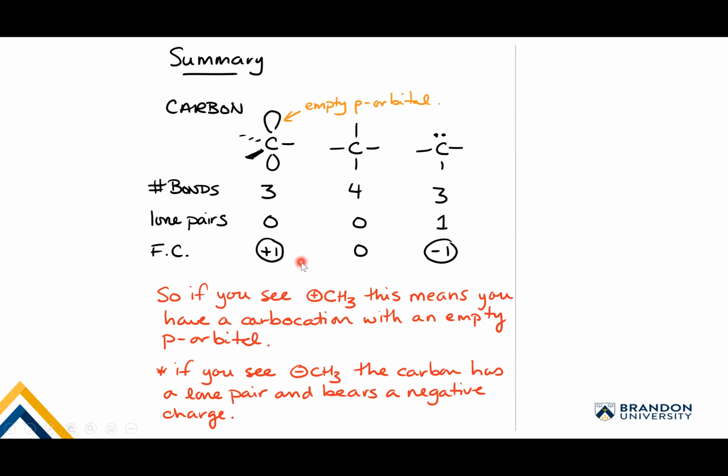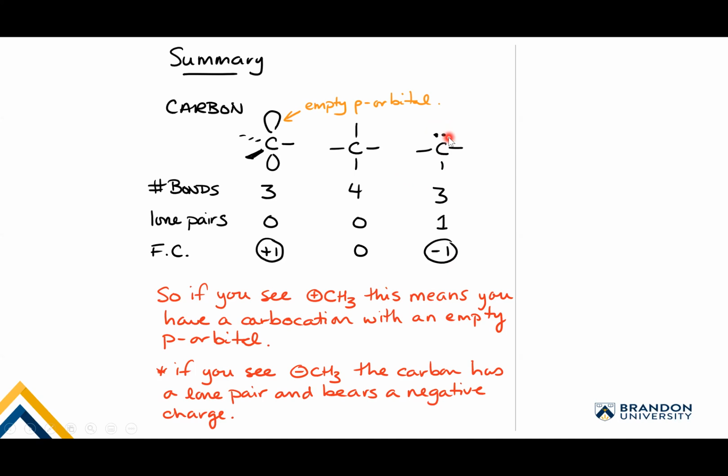Conversely, if you replace one of the bonds with a set of lone pairs, we call these carbanions because it carries a formal charge of minus. So if we're following the formula here, the number of valence electrons is typically 4, minus the number of bonds. 4 minus 3 is 1, and you've got 2 electrons here.